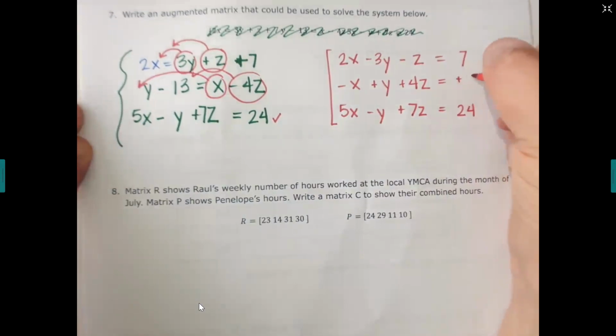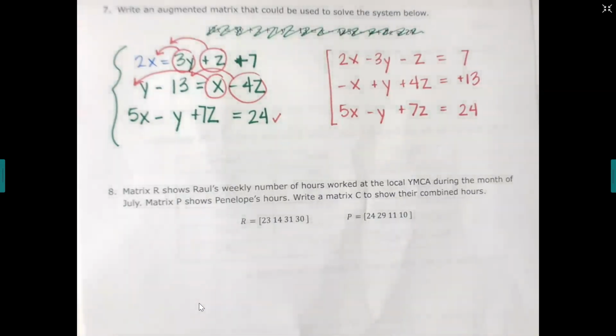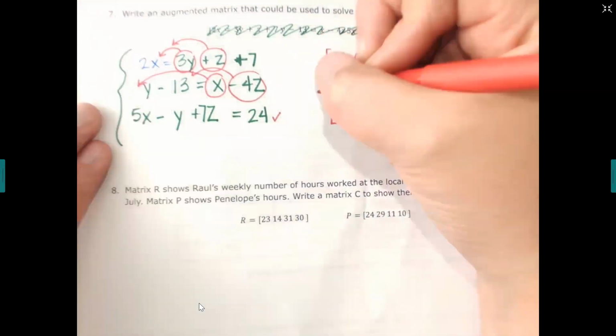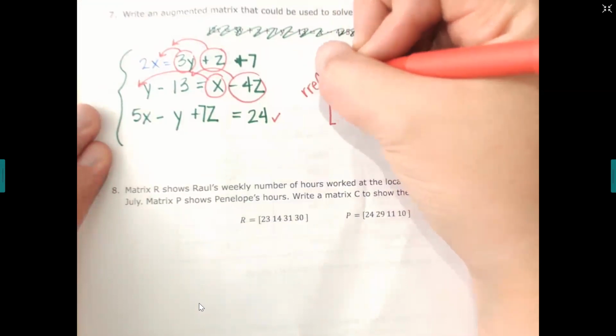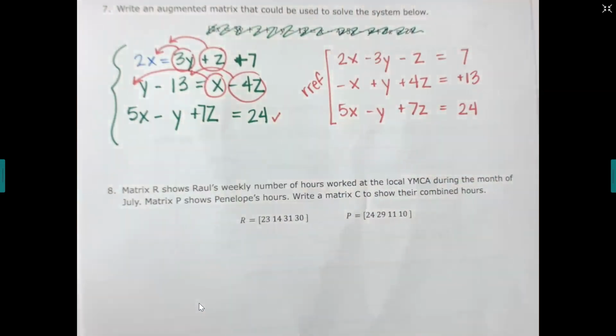It's gonna turn into a positive. And now that everything's lined up, you have all the X's, all the Y's, all the Z's, then now you can RREF it to solve. So you have to fix it first and then RREF it in the calculator.